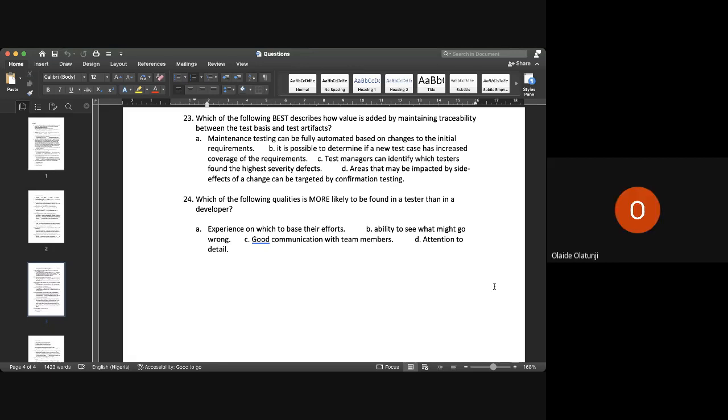Those are your test bases. They are called test bases. Do you know what your test artifacts are? What are test artifacts?